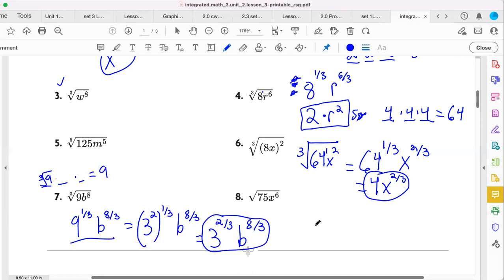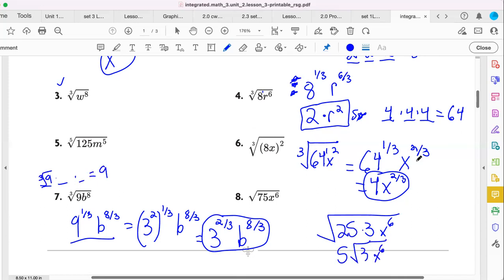So for 8, you'll probably want to rewrite this as 25 times 3. The square root of 75, we don't really know that, but we can do some damage and simplify this. Square root of 25 is just 5. This leaves you with square root of 3 and square root of x to the 6th power.